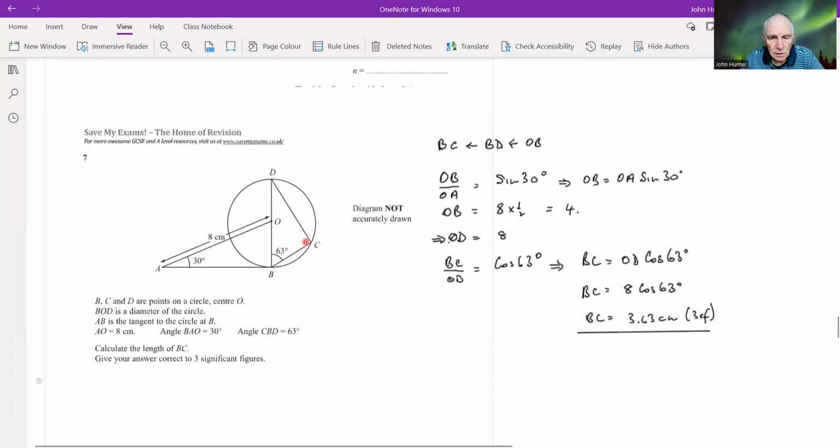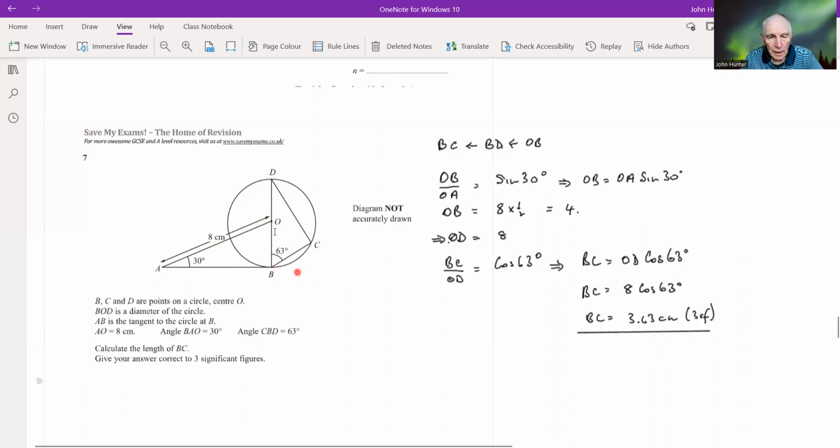So we need to know that as well. So therefore we can use SOHCAHTOA in order to find BD. And if we know OB, then we can double. Yeah, these are both radii. So we'd like to know OB. Well, we can find OB using SOHCAHTOA from this triangle.